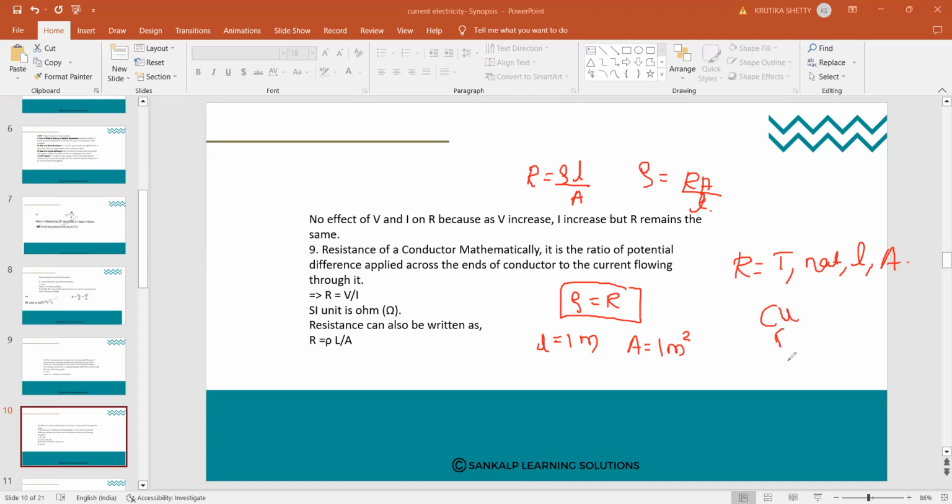If you consider iron, silver, gold, whichever you consider, its resistivity value is constant. It varies from material to material, but the value is constant. Understood? So resistivity does not depend on any factor, but the resistance depends on these 4 factors. So keep it in your mind.